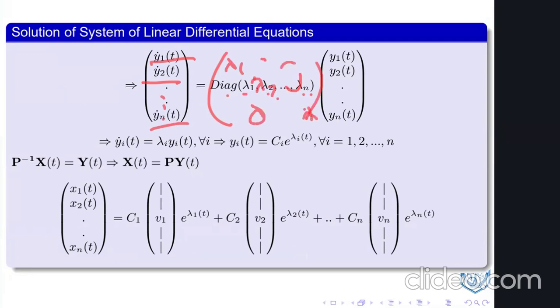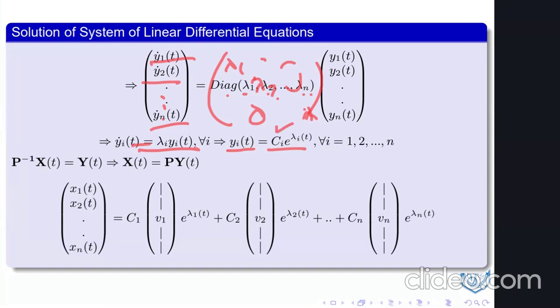So y1 dot of t equals lambda 1 y1 of t, similarly for n elements. So I can integrate easily, and the solution for each i will be y_i of t equals c_i e to the power lambda_i t, where c is a scalar.